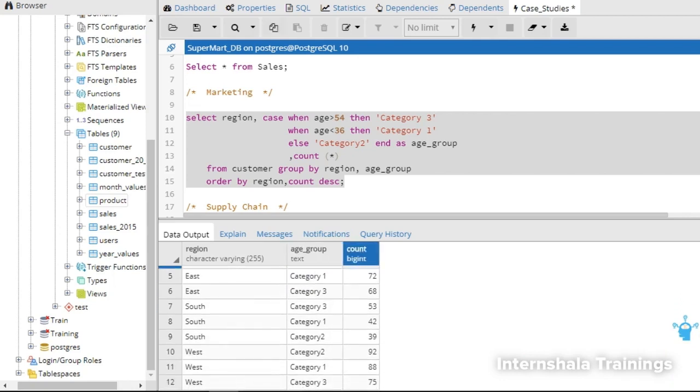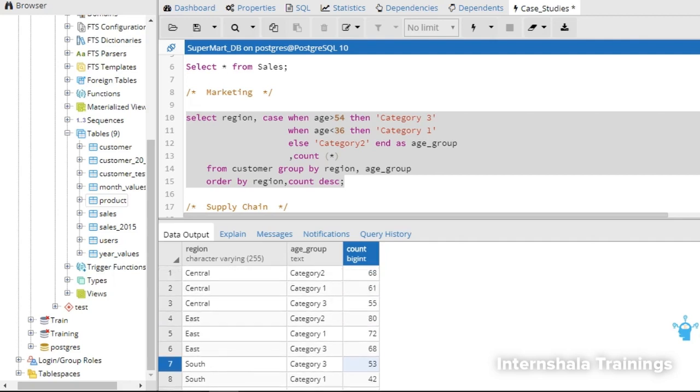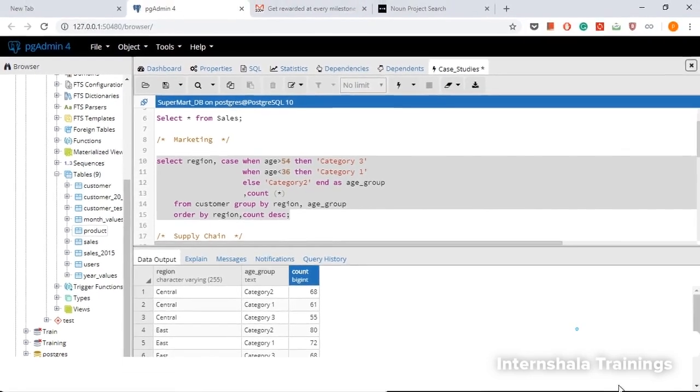These are the people between the age of 36 to 54. Whereas in South, category 3 has maximum count. So the marketing manager can now choose an appropriate marketing channel in the South region to focus on customers who are more than 56 years of age. In all the three other regions, the marketing manager can go ahead with a common marketing channel aimed at middle-aged customers.